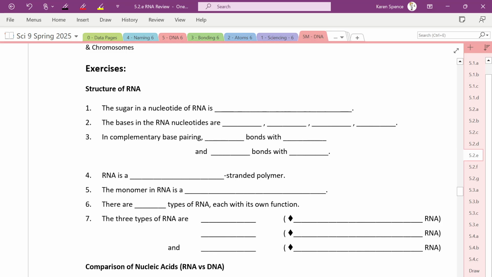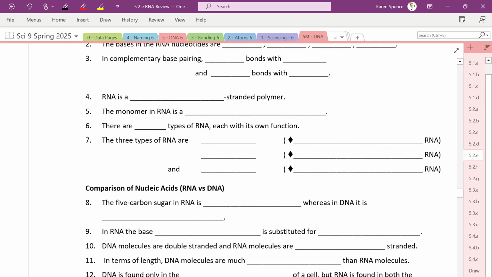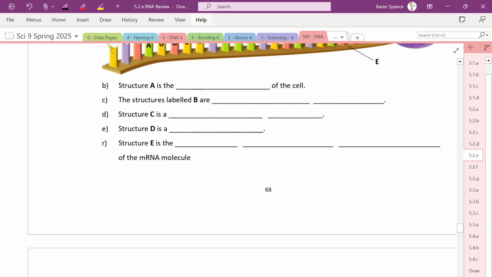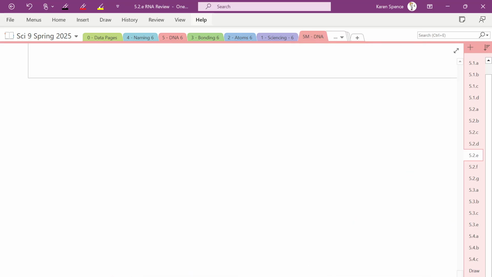Optional, work ahead, on pages 67 to 70. And you can start on your RNA cheat sheet.